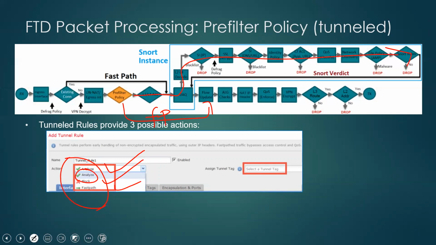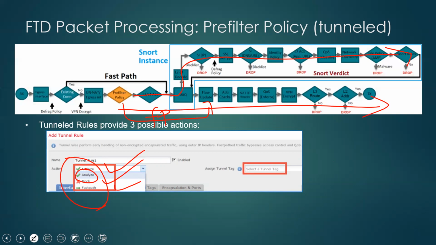So this is up to us. If you want to analyze, then it will go towards the Snort engine. If we are using fast path, it will skip directly. It will stay in the ASA path and reach the destination, and block means block.